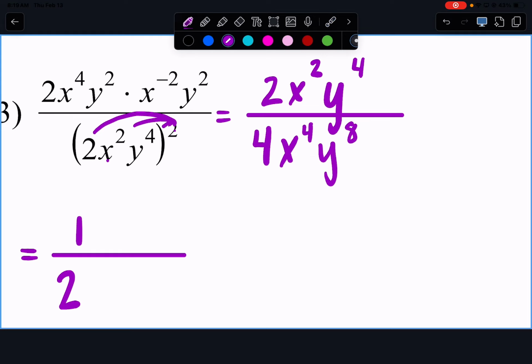Negative 2, so that needs to go numerator or denominator. So we'll do x squared. Then we have y to the 4th divided by y to the 8th. So what is 4 minus 8? Negative 4. And negative 4, so it needs to go numerator or denominator. In the denominator it is positive 4, and that is our answer.